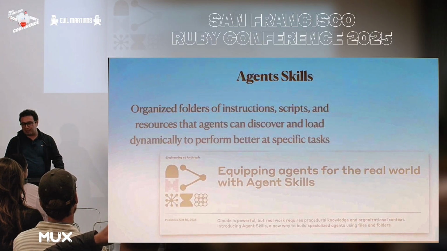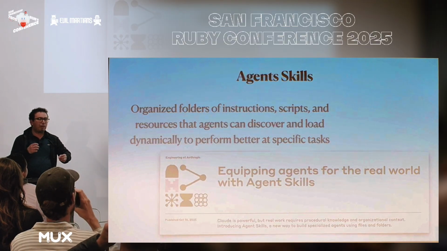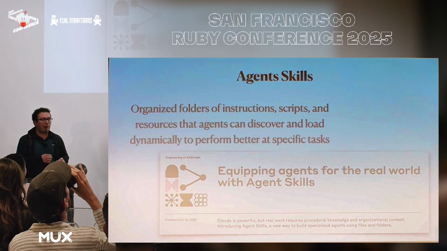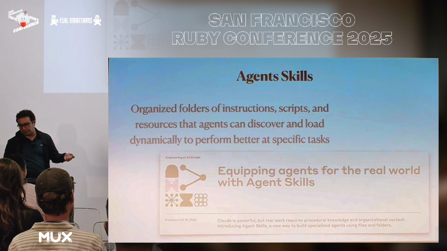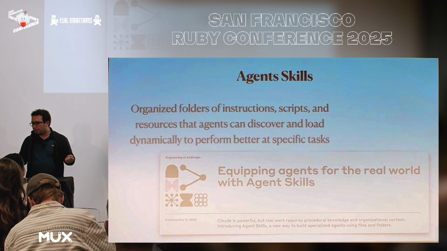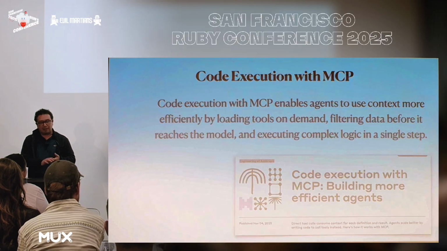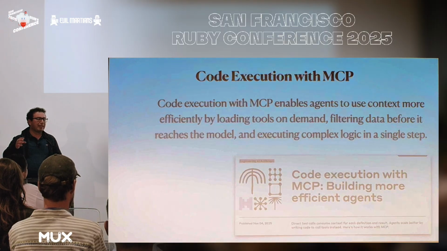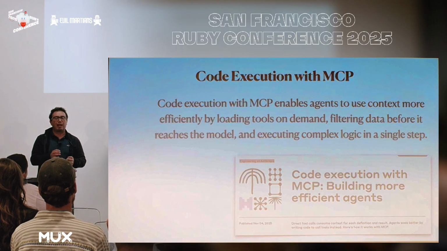Agent skills is basically organized folders or instructions that allow the agent to discover tools and how to perform better at a specific task. And then for code execution with MCP, that's the part that I found more interesting, because basically they're taking MCP and running it in the agent locally, or using an environment that is more contained.